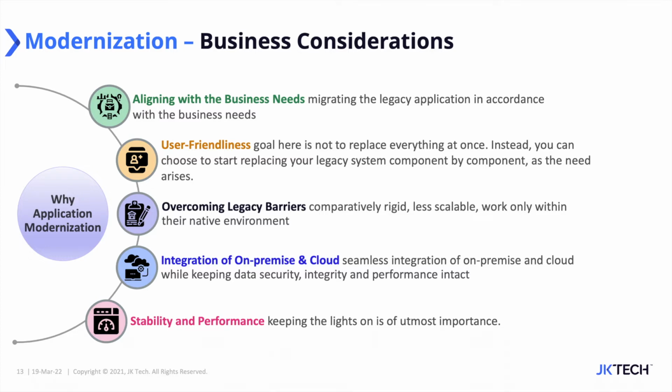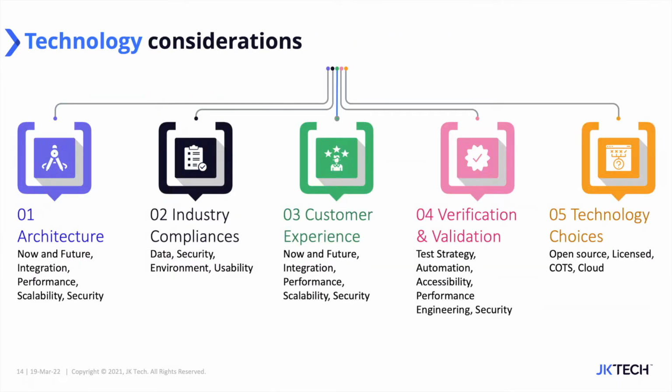The next thing we need to look at before how we modernize is the technology considerations, right? Keeping the business considerations in line, if you look at technology considerations, it's primarily the architecture. Is the architecture really the latest and the greatest which is being followed today?